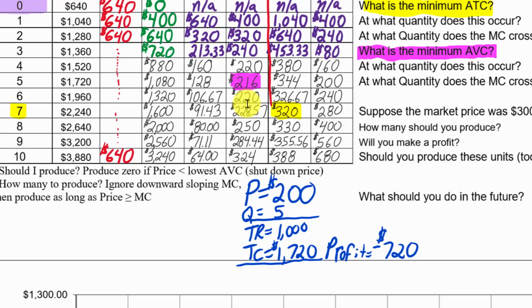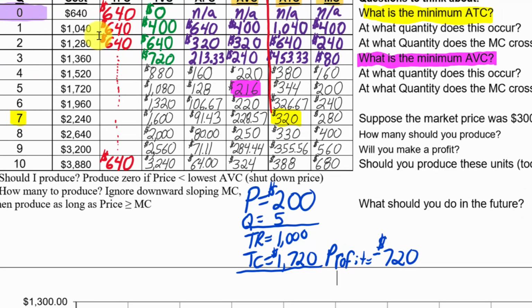And it doubly stinks because we could actually do better than that. The worst that we ever actually have to do is to lose $640. So if we ever get to a point where you see that we're losing more than our total costs when we're producing 0 units, that fixed costs, we're doing something wrong.